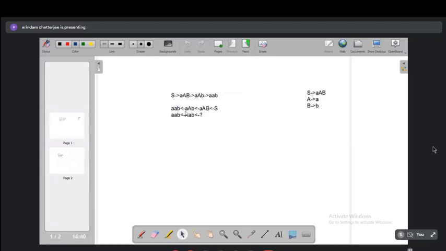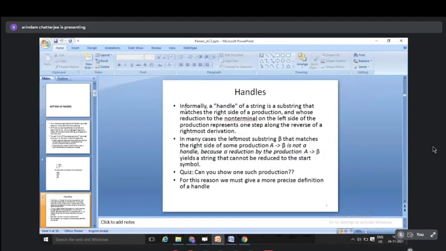So here it is the handle. A handle is a substring that matches the right-hand side of a production, whose reduction to the non-terminal on the left-hand side of the production represents one step along the reverse of a rightmost derivation.